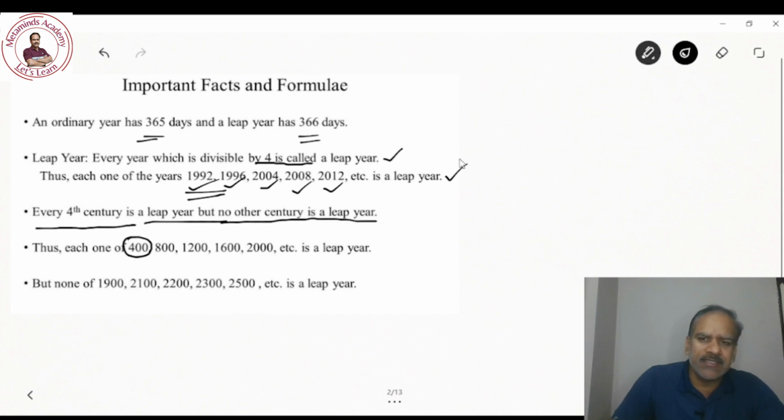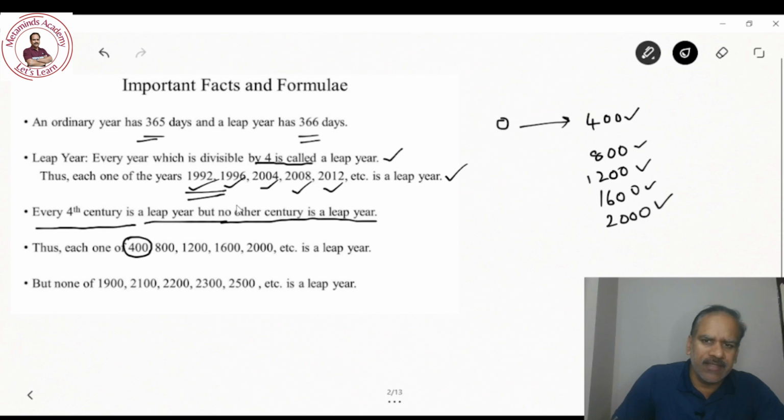When the calendar starts from 0, you will get the 400th year, right? So the 400th year is a leap year, the 800th year is a leap year, the 1200th year is a leap year, the 1600th year is a leap year, 2000. All these are multiples of 400. They are all leap years when it comes to centuries, right?